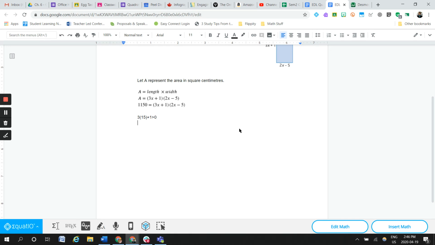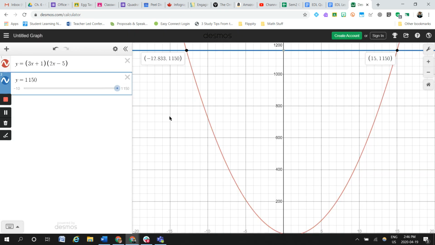And then for the width, 2 times 15 minus 5 is also greater than 0. So 15 seems to make sense as an answer. So according to our graph, we know that x equals 15 because we've dismissed the other solution.